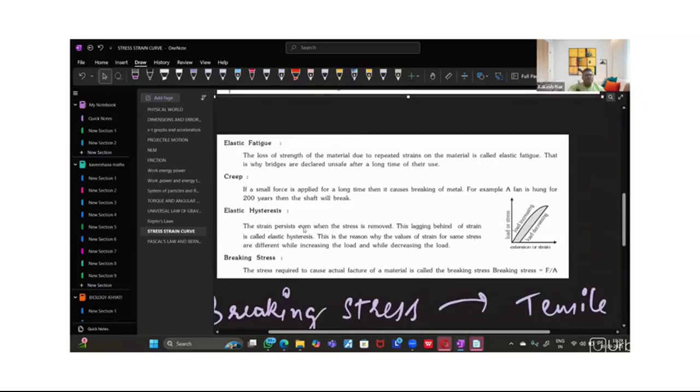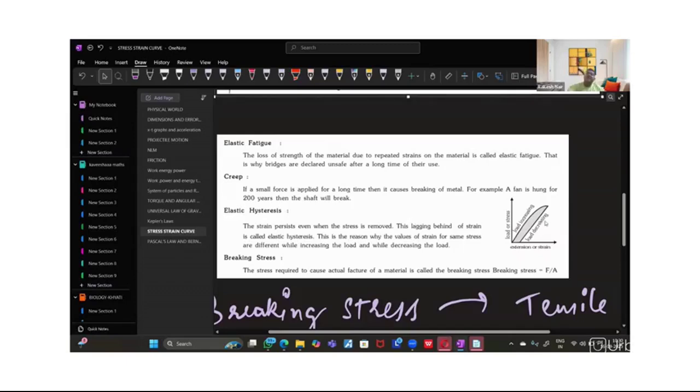Elastic hysteresis is asked multiple times in the CBSE boards and is of great relevance. Elastic hysteresis is the strain which persists even when the stress is removed. The lagging behind of that strain is called the elastic hysteresis.